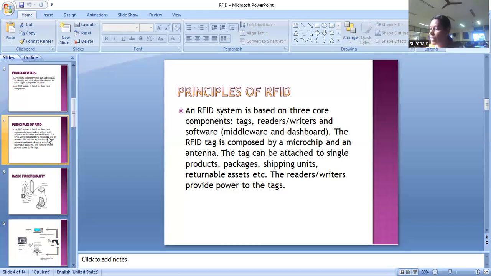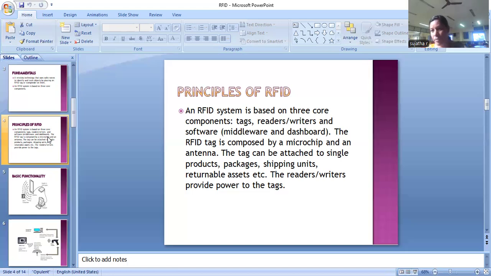Working principle: radio waves work in a particular frequency range. We discussed the frequency ranges, whether low frequency, high frequency, or ultra high frequency. If we are considering low frequency, the distance is very short, under 10 centimeters.